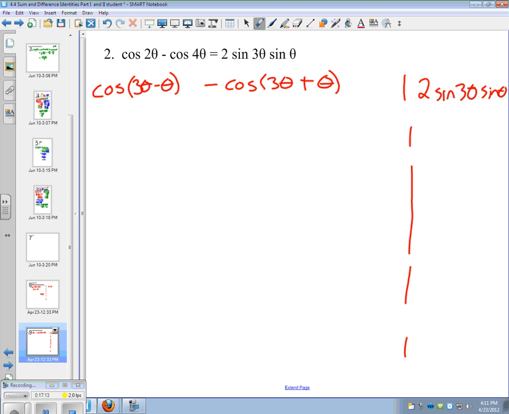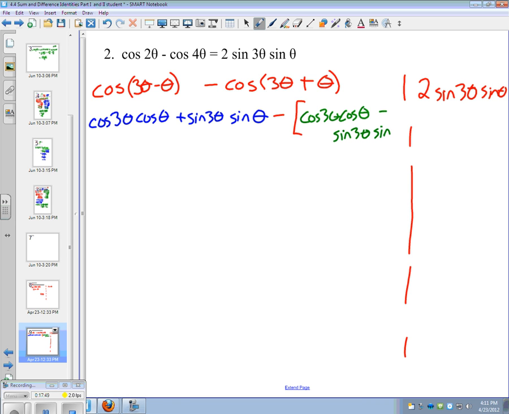Okay, these are sums and differences and can be expressed with identities. So this first one is the same as cos 3 theta cos theta, opposite sign, plus sine 3 theta sine theta. Okay, and then just keep copying that minus sign. This entire thing is the same as cos 3 theta cos theta, and now the opposite sign again, minus sine 3 theta sine theta.